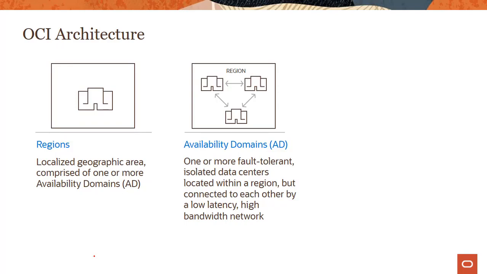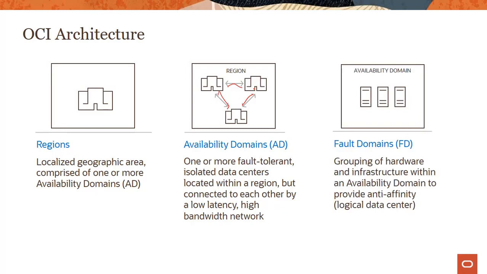These are one or more fault tolerant, completely isolated data centers located within a region but connected to each other by a low latency, high bandwidth network. So within a region, you have three availability domains, and as you can see, they are connected by a very low latency, high bandwidth network.